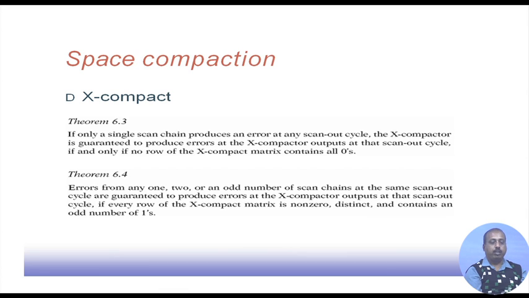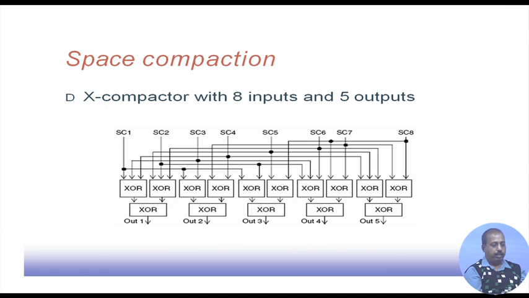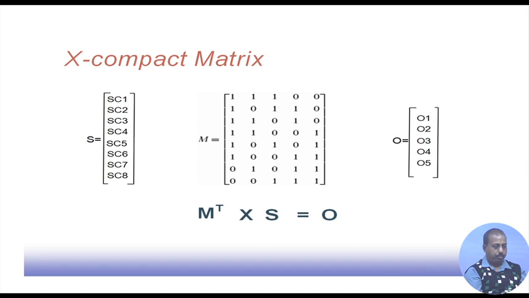As a result, it will produce faulty output at an odd number of scan chains, and it will get detected by the second pattern. So, this is a very good approach for doing space compaction, where we can do it without any aliasing occurring.